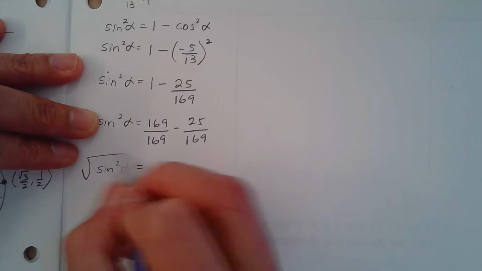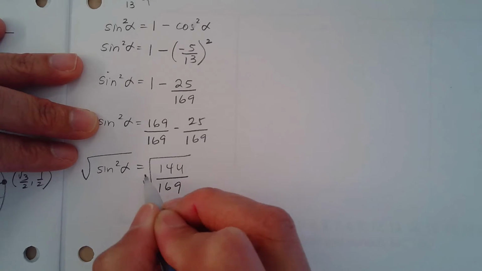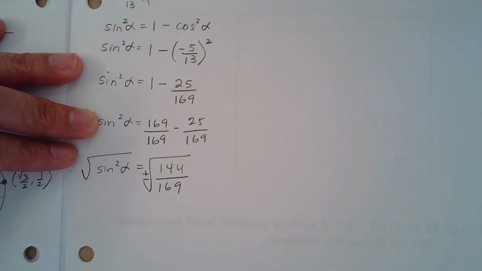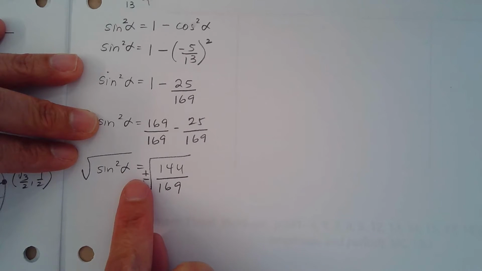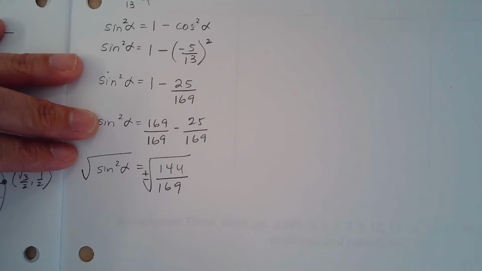So if we take the square root, we're going to take the plus and minus. We actually have two possible solutions in here. But it says here the angle is in quadrant 2. So which one are we going to take, the positive or the negative?